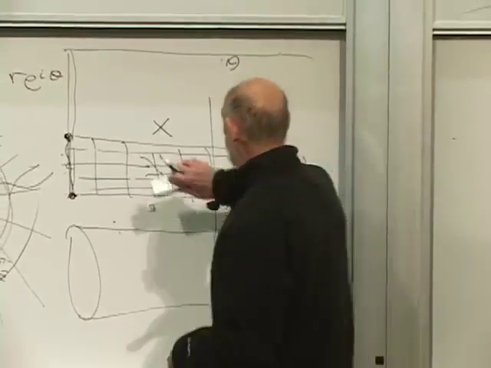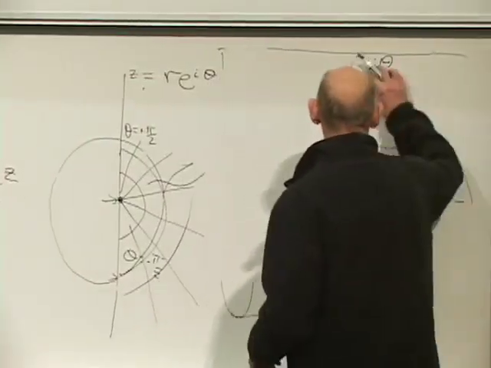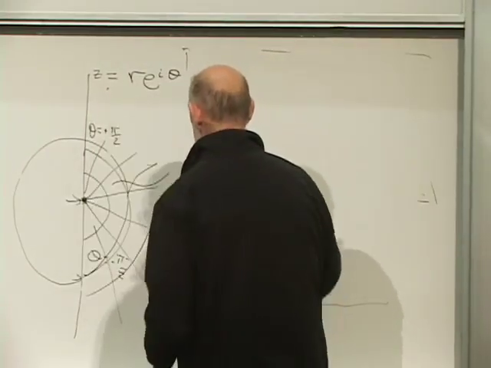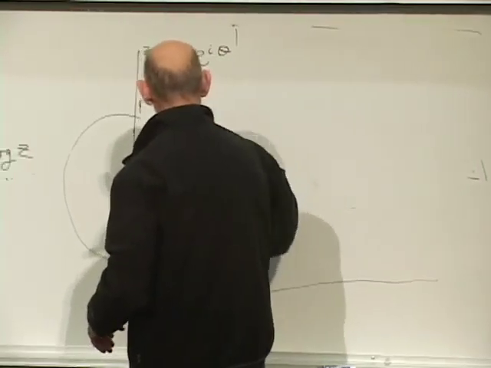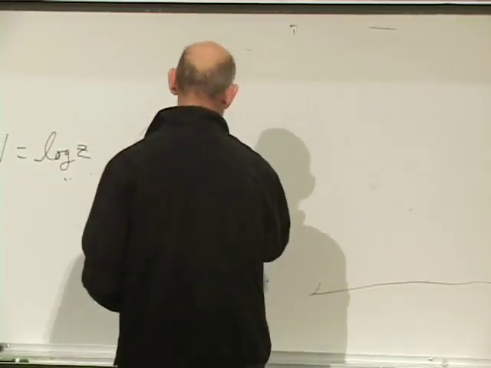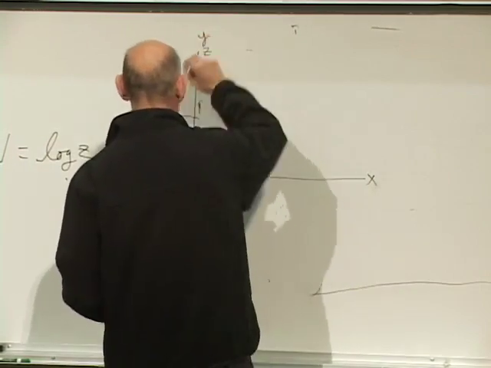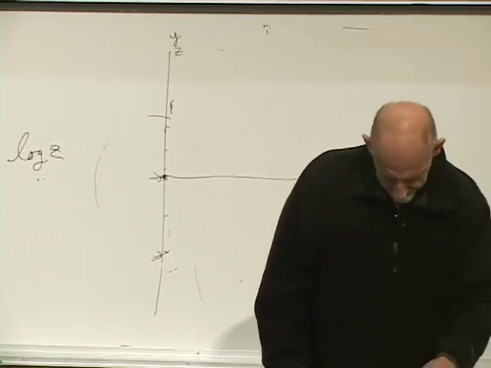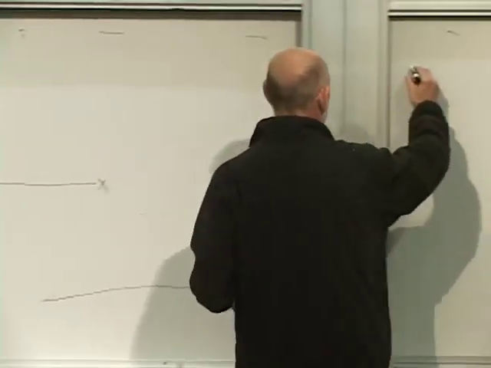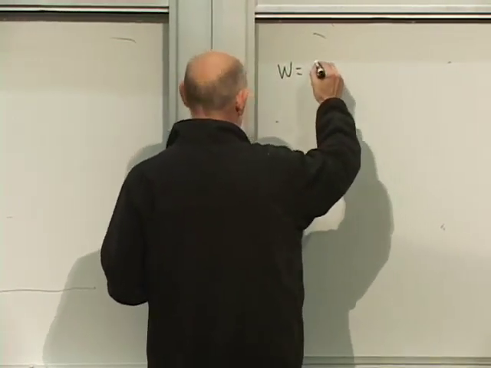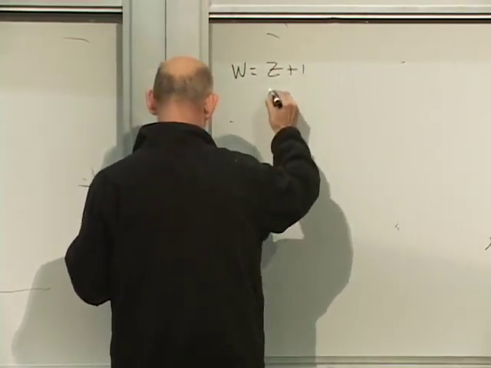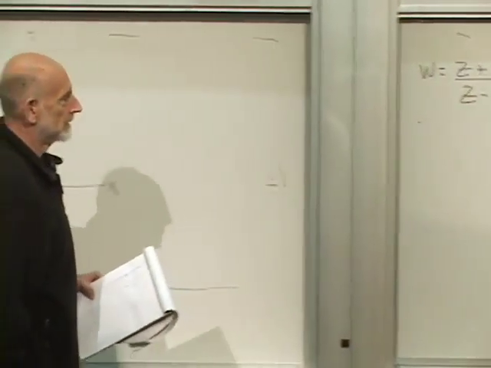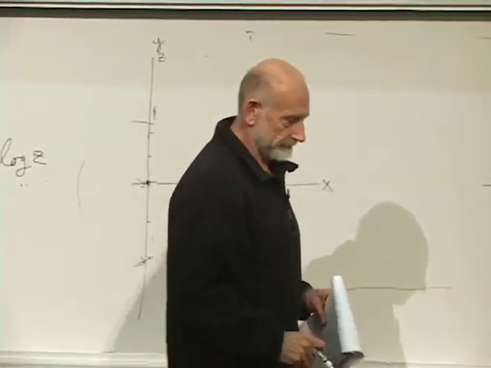Let's forget this W plane and map to another W plane. Different mapping. We're starting again with the same Z plane, X, Y, and so forth. How about this one? W equals Z plus 1 over Z minus 1.